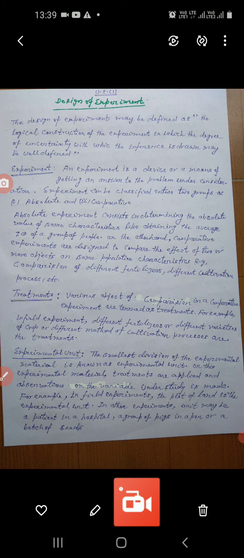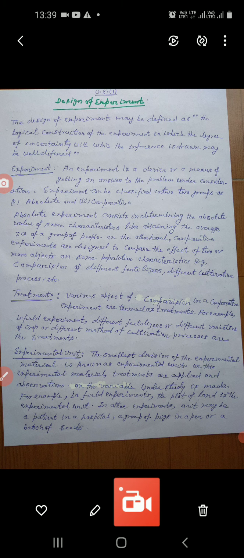The design of experiment may be defined as the logical construction of the experiment in which the degree of uncertainty with which the inference is drawn may be well defined.